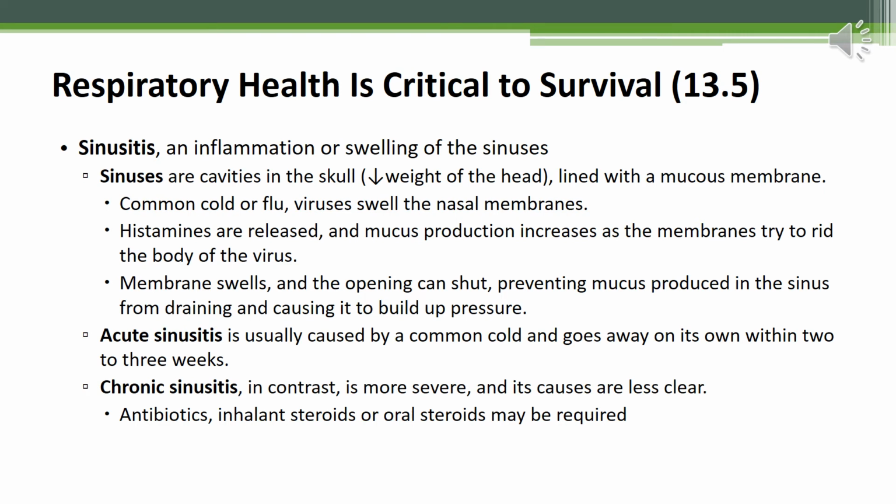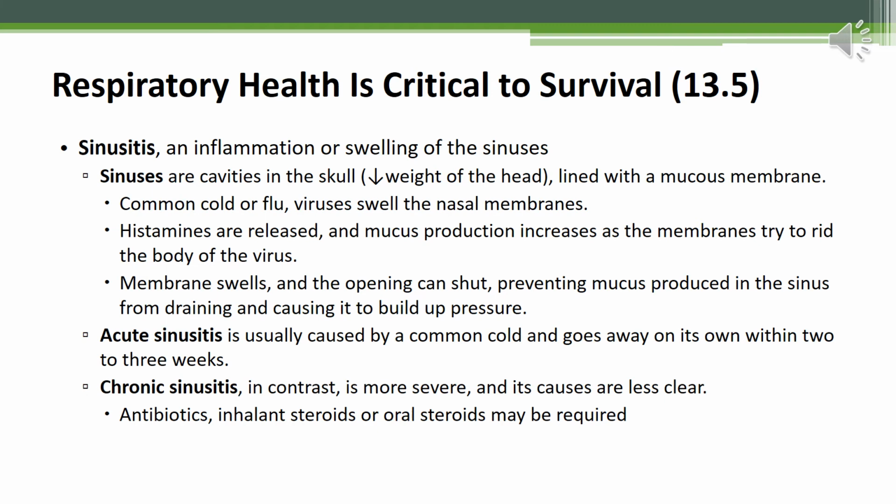And the sinuses are cavities in the skull, and don't freak out about these cavities in your head because they simply work to reduce the weight of the head. And these sinuses are lined with a mucous membrane. A common cold or flu or other virus can swell the nasal membranes here.